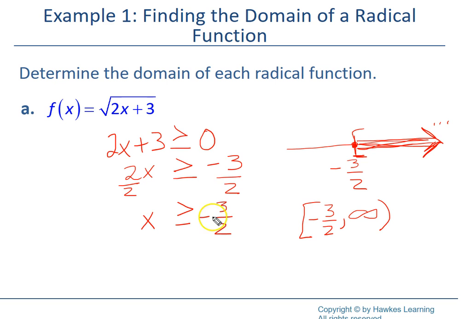And that's how we solved it, and that's the technique. Whatever's under the radical sign, we set it greater than or equal to 0, because it has to be greater than or equal to 0. We find out what that value of x would be, and then that would be our domain.